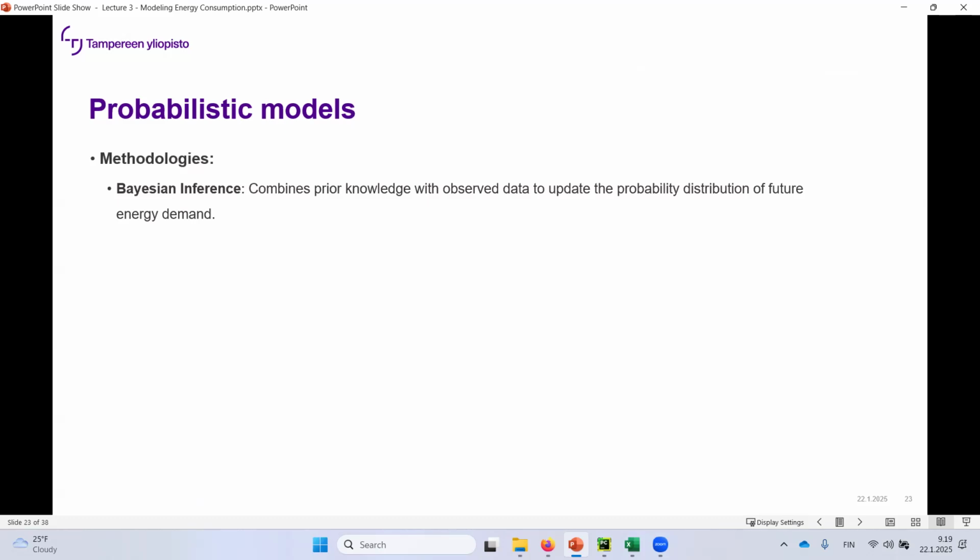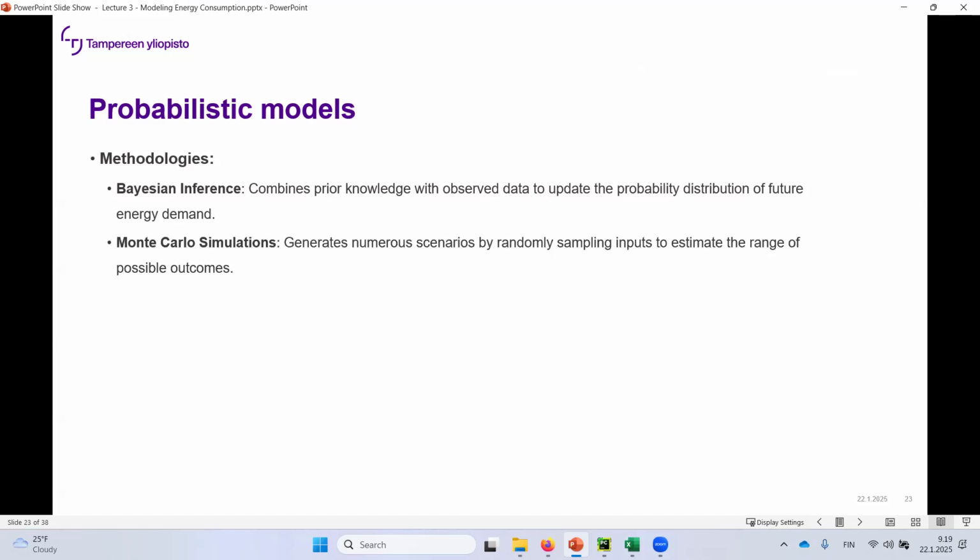And there's some methodology related to this. And again, we'll probably be going through some of these in the exercises, but not all of them. So for example, these Monte Carlo simulations, we somewhat briefly looked at last time. So that's a good thing to know how to do.